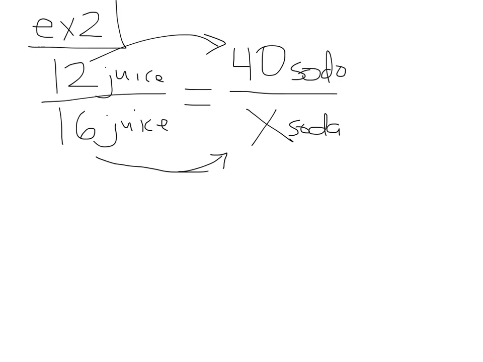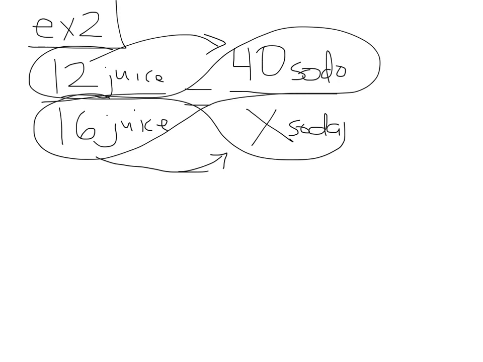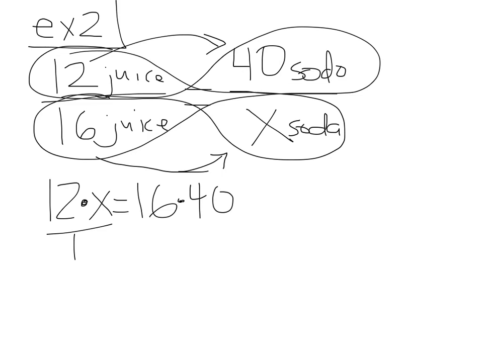That's how you set up your proportion. There are shortcuts available, but cross multiplying works every time. So 12 times x equals 16 times 40, and then divide by 12. So we've got 16 times 40 divided by 12.